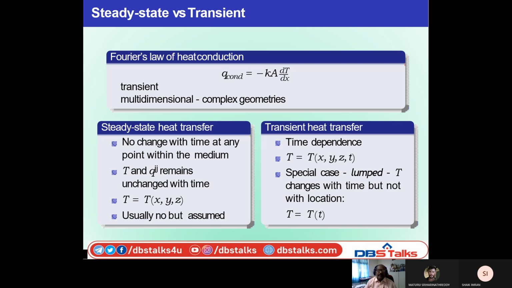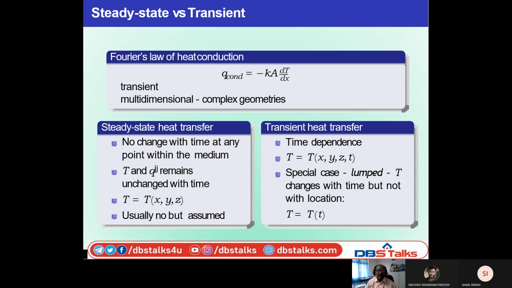That is the meaning of this negative sign. That doesn't mean that there is negative heat transfer. It means heat transfers from high temperature to low temperature. So this is the conduction heat transfer equation. You can call it Fourier's equation, or Fourier's law of heat conduction.